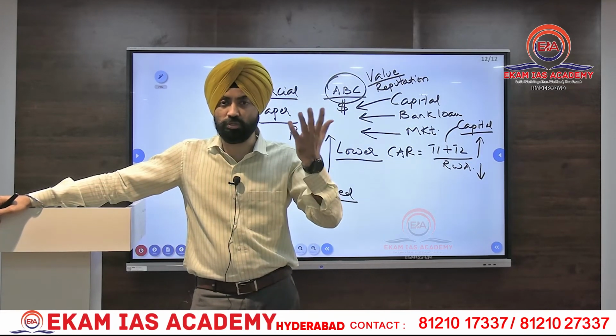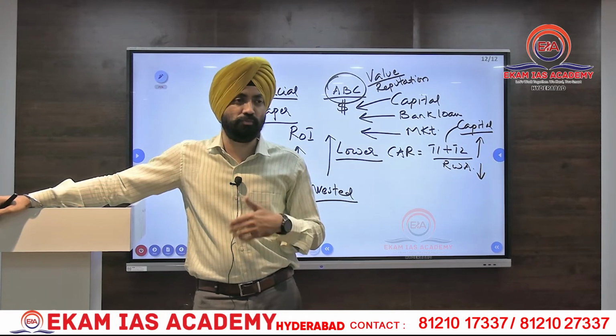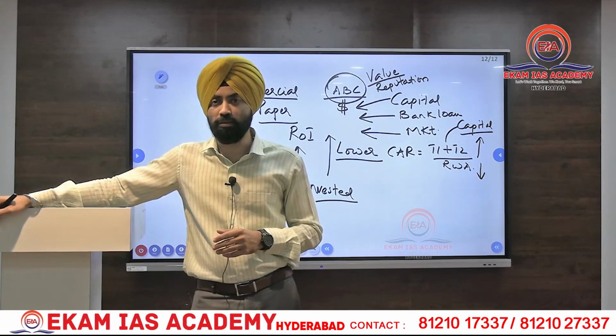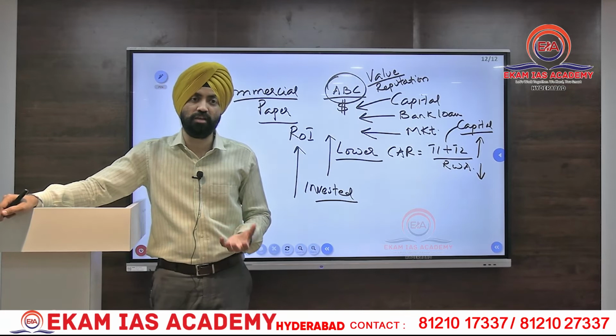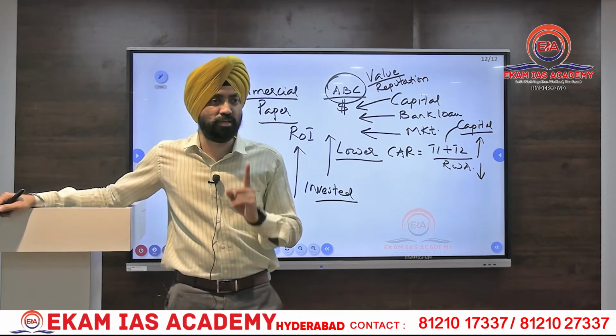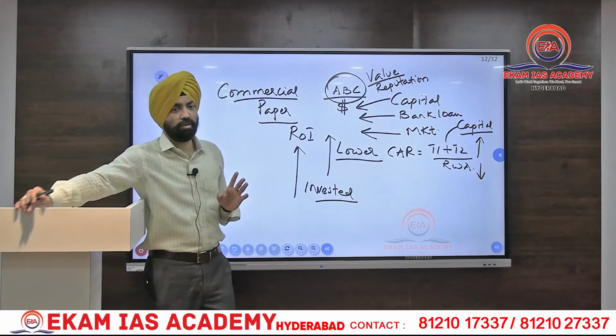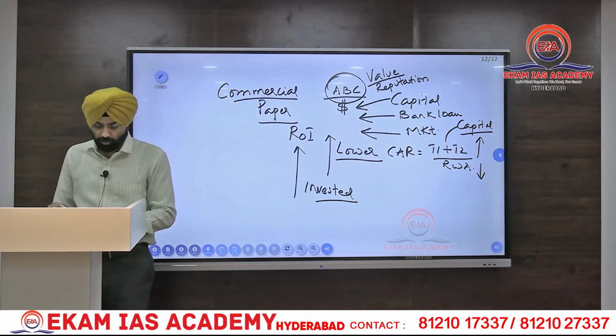But for a high value asset, these asset reconstruction companies have failed to prove that they can get that money back. So with an intention to get the high valued bad debts back into working condition, the National Asset Reconstruction Company Limited has been incorporated. Very, very important. This you should be able to explain.